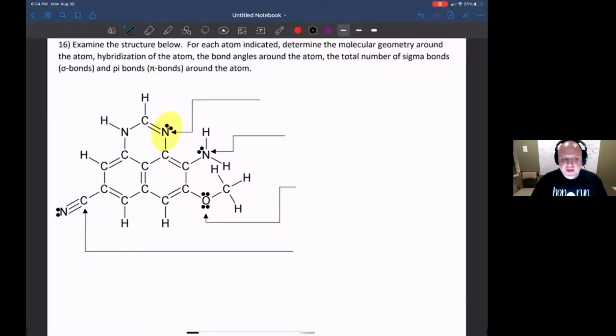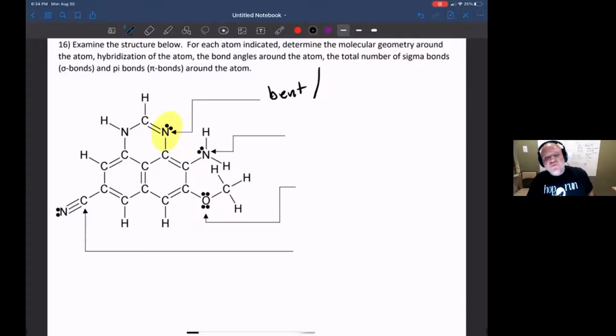I've got one bond to the carbon, another double bond to a carbon, and I have a lone pair. So that's 3 geometry groups. 3 geometry groups is trigonal planar electron geometry. And trigonal planar electron geometry with one lone pair is bent molecular geometry.